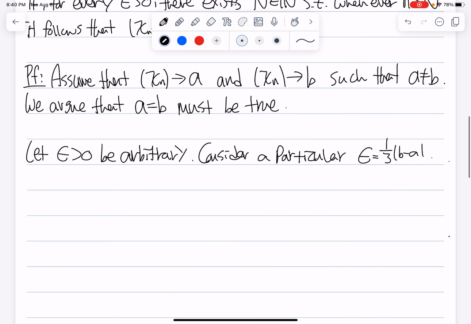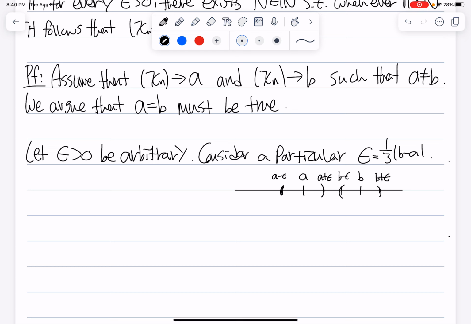And why we do this, let me show you a visualization of what's going on. So let's say we have a and b, these are the limits, and we're going to let epsilon be 1/3 of the distance between a and b. So we can divide ab into 3 segments, and this is going to be the epsilon neighborhood of a, and this is going to be the epsilon neighborhood of b.